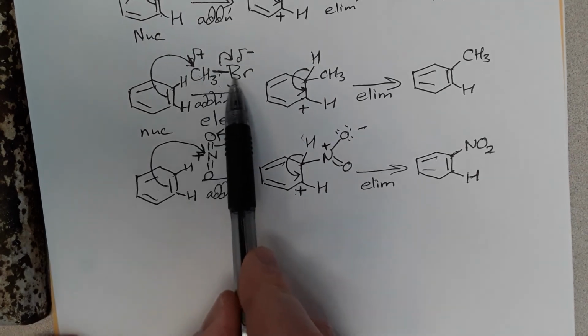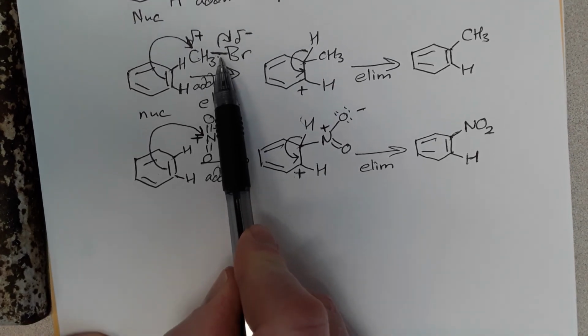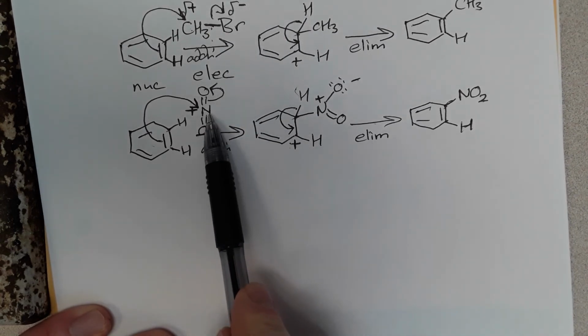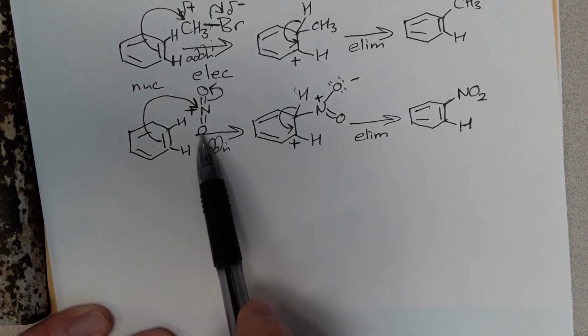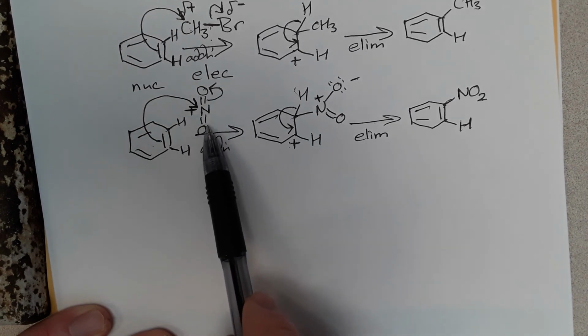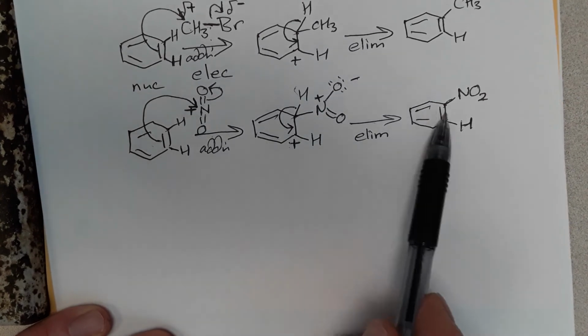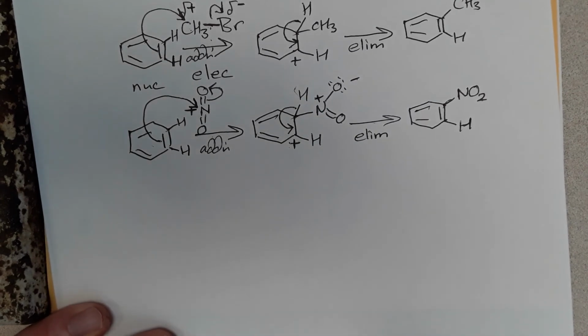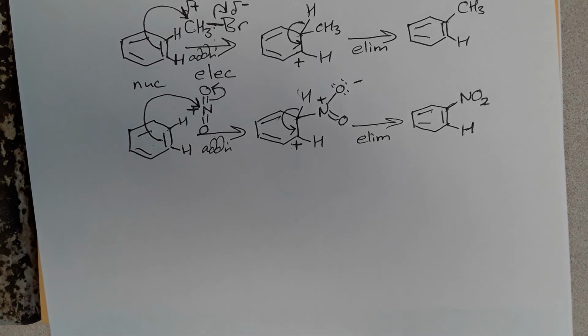You should be working on memorizing iron tribromide is the catalyst for this. And then this one actually is neither of the reagents. It's what forms after the catalyst reacts with nitric acid. But this is the 2-step mechanism that you need to have committed to memory.